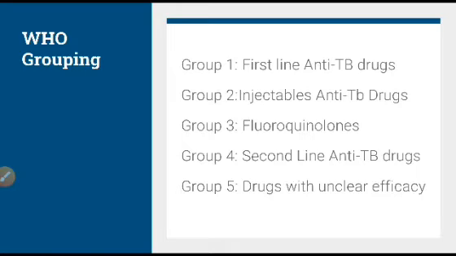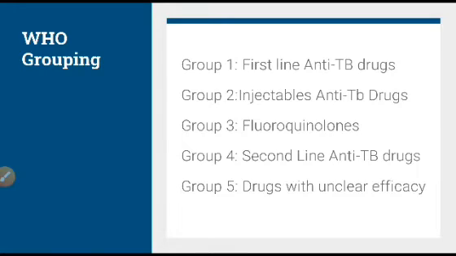Group number 3 usually prefers fluoroquinolones, which are well tolerated bactericidal oral drugs. Here patients with drug resistant TB should receive one fluoroquinolone in the regimen. Examples: ofloxacin, levofloxacin, moxifloxacin, ciprofloxacin, etc.